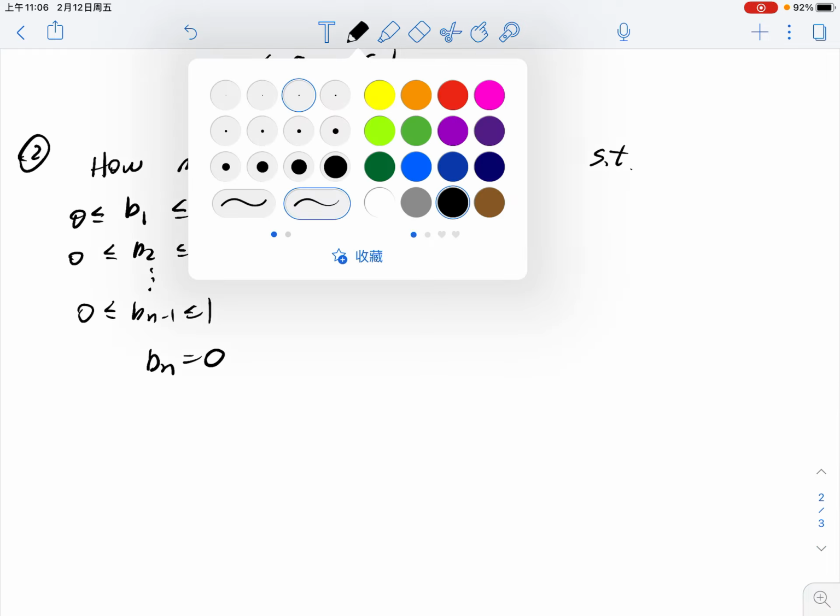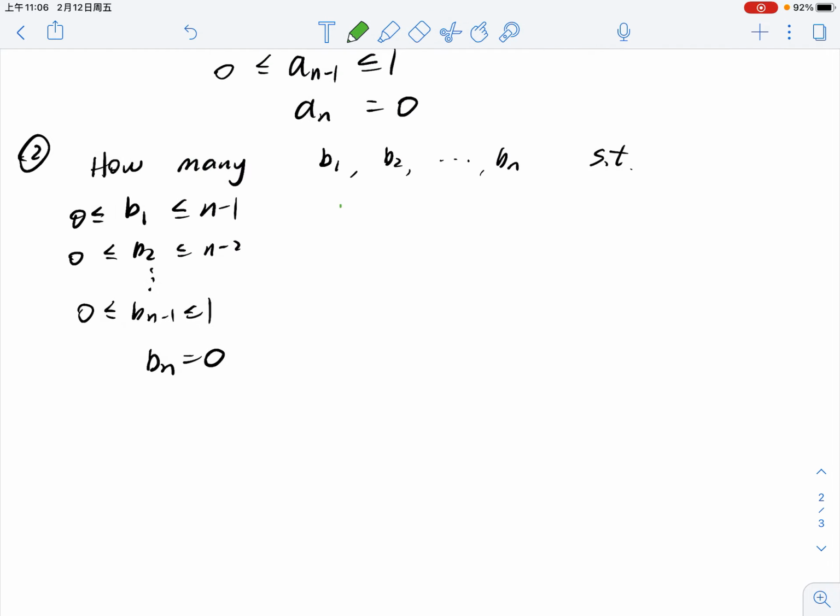It's clear that, notice that here you start with 0, therefore you have n choices for b1, n minus 1 choices for b2, and so on down to 2, 1. So in total you have n factorial sequences b1, b2, all the way to bn.